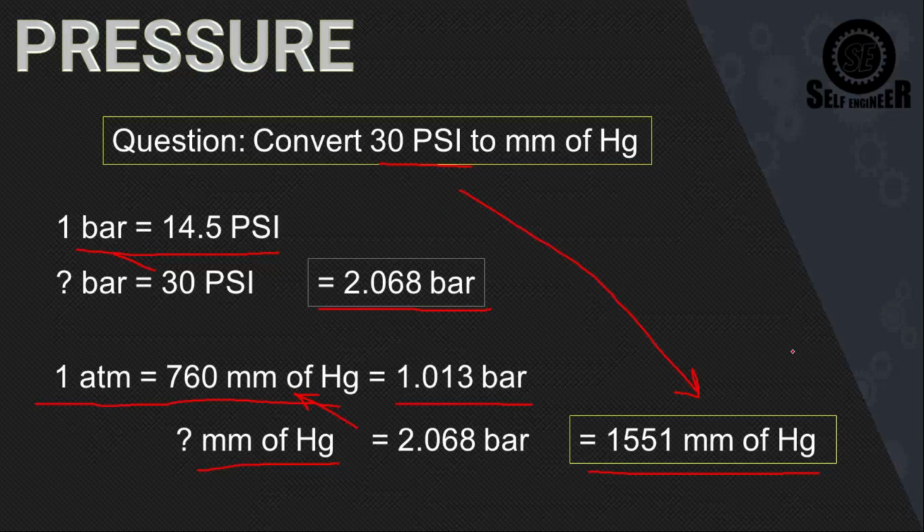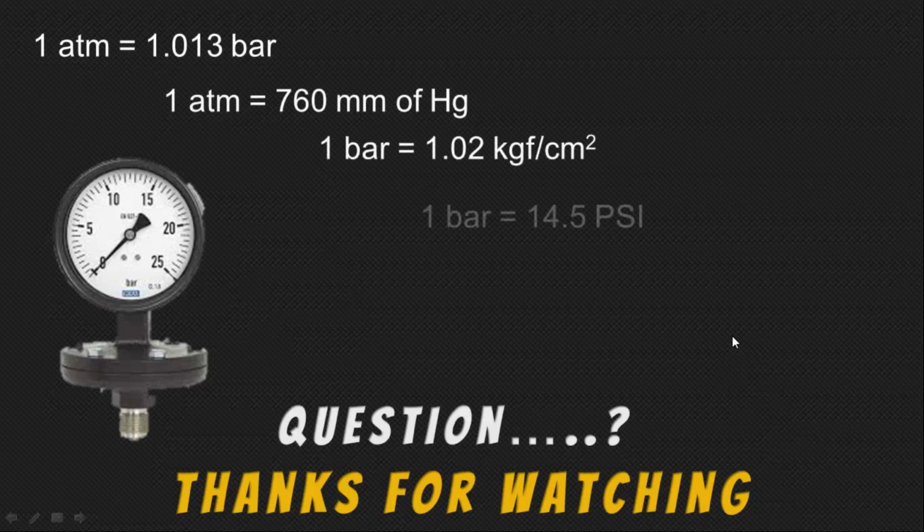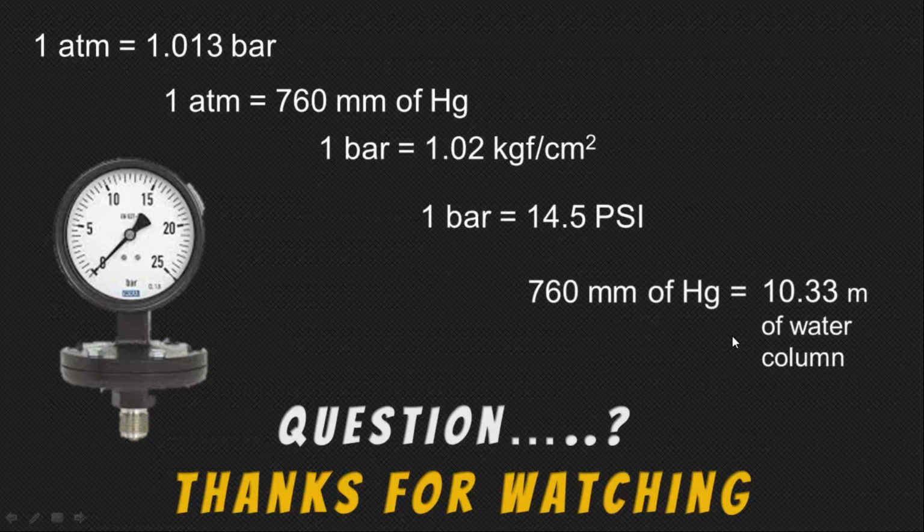So this is all about pressures and its units and their conversions. So from this session, always remember these units of pressure, that is 1 atmospheric pressure is equal to 1.013 bar or it is equal to 760 mm of Hg. Also 1 bar is equal to 1.02 kgf per centimeter square, which is equal to 14.5 psi.